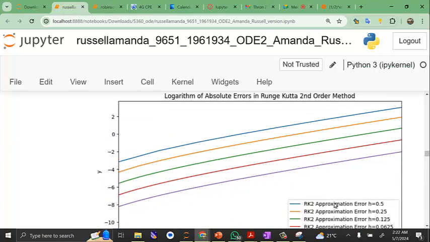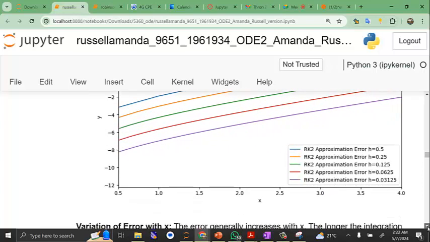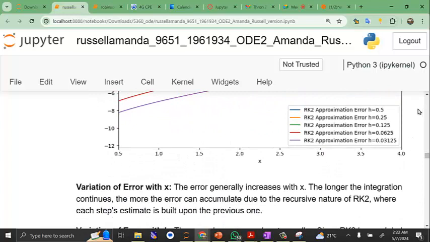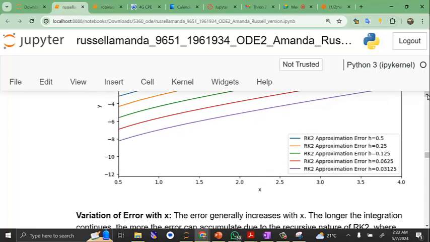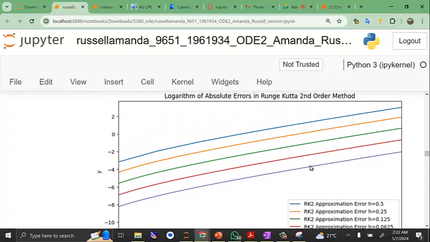And you still have this linear relationship. You still have exponential error. I'm not really sure what the difference in slope is here. I guess I didn't have you compute the slopes. I should have had you compute the slopes to compare the two slopes. But this is also showing, even with Runge-Kutta, the error is increasing exponentially.